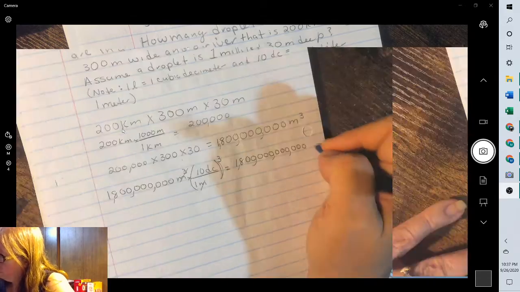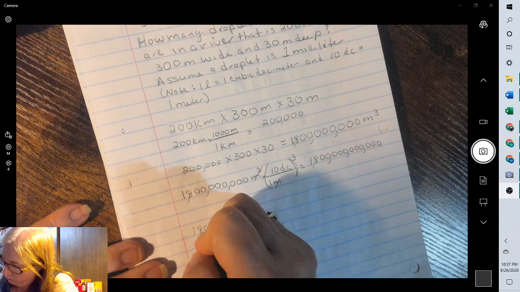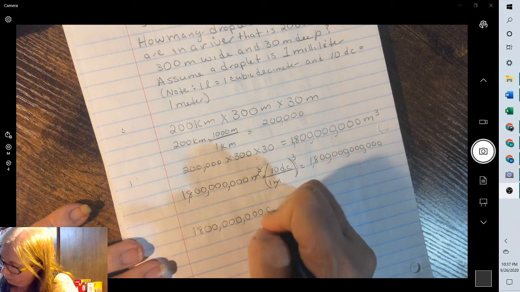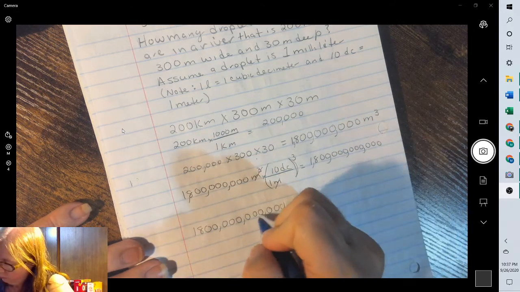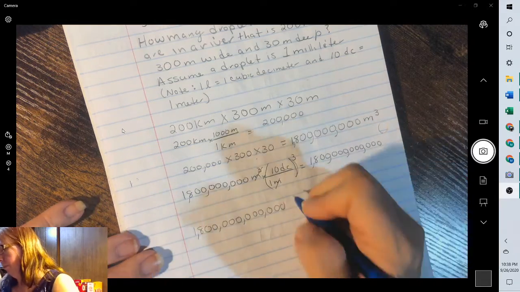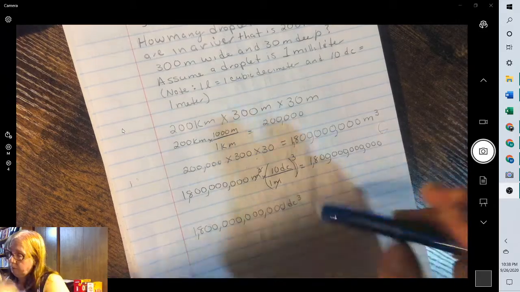So this is cubic decimeters. Okay, just making sure we had it right.